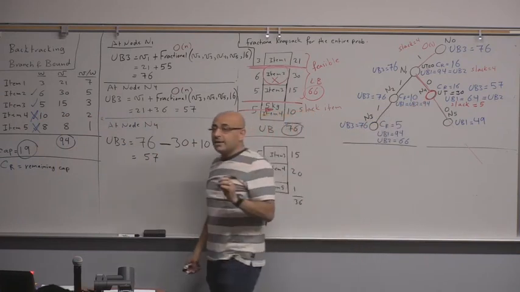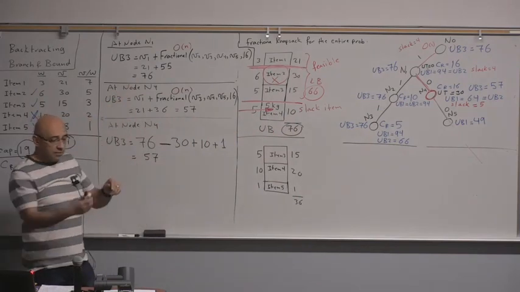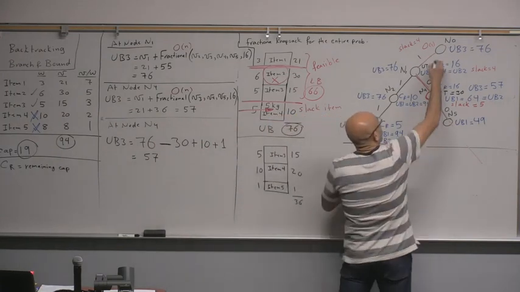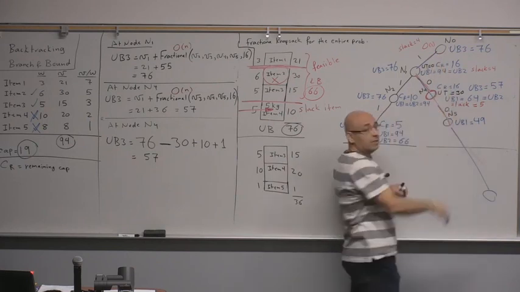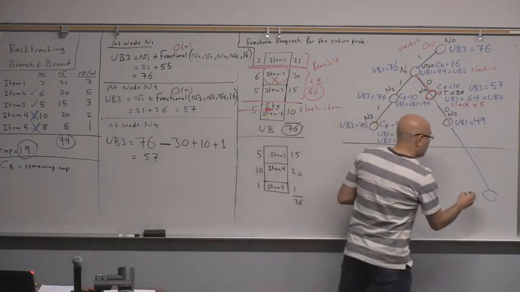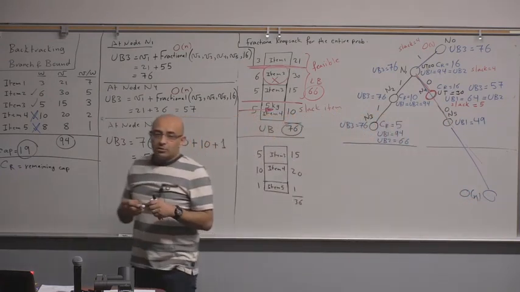But what we can say is that if we do a sequence of calculations for a given path, if we go through a whole path from root to leaf, we will not do more than O of n operations for a path. So do you see this?